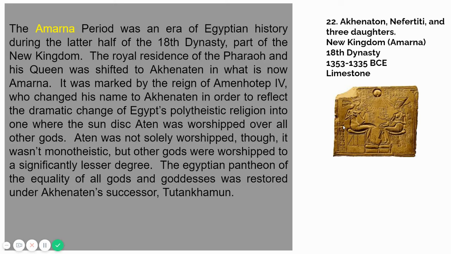And what he did is he took Egypt's polytheistic religion and he changed it into a slightly monotheistic religion where the sun disk god, whose name is Aten, was worshipped more than any other god. So within Egyptian culture, you have a plethora of gods and goddesses that are kind of equal in terms of importance.